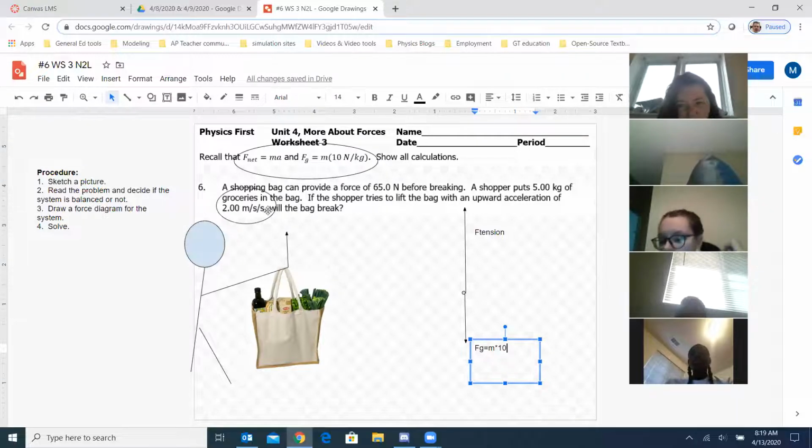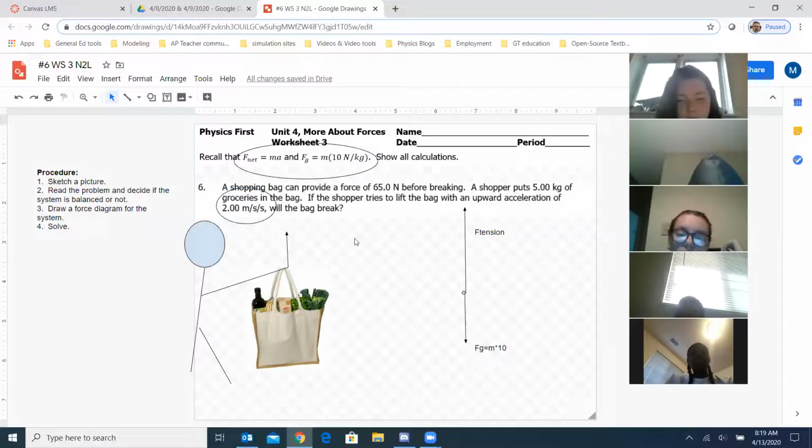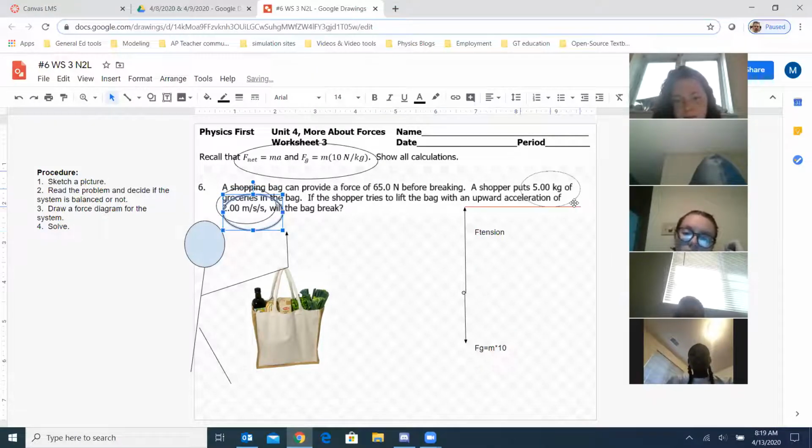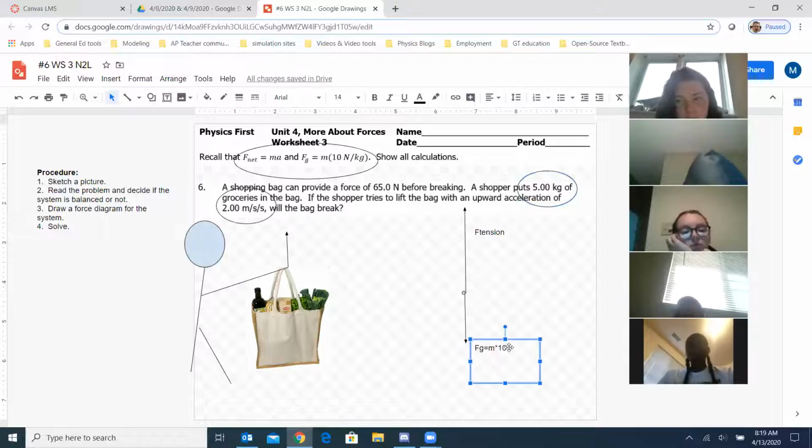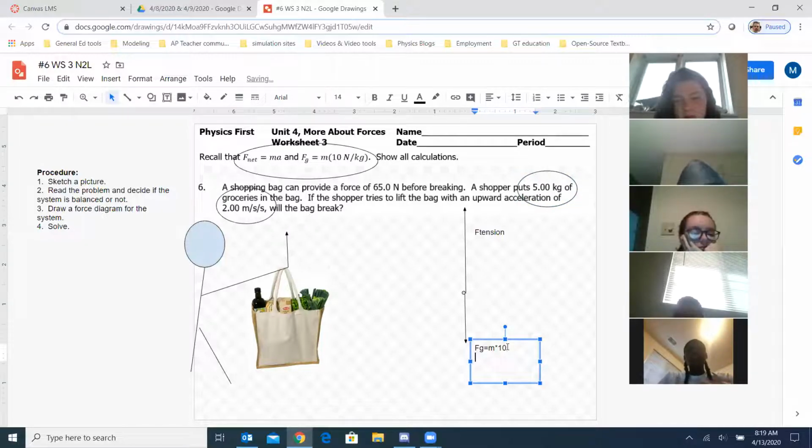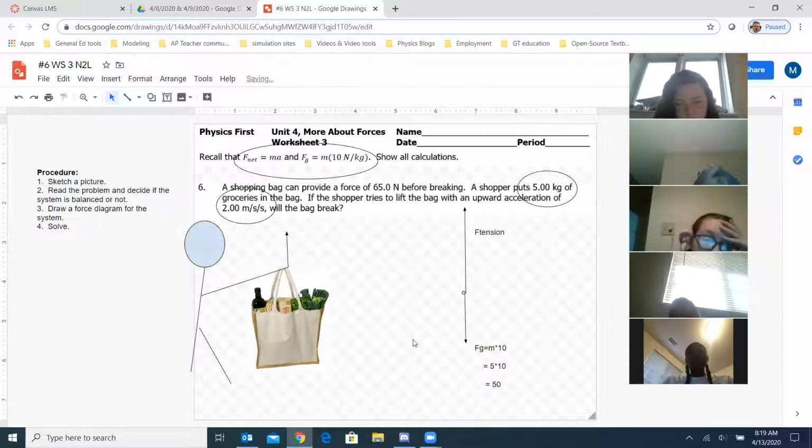If you read through it, it says the mass is 5 kilograms of groceries. So Fg equals 5 times 10, which would be equal to 50.